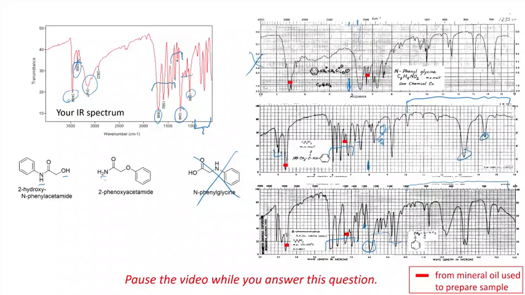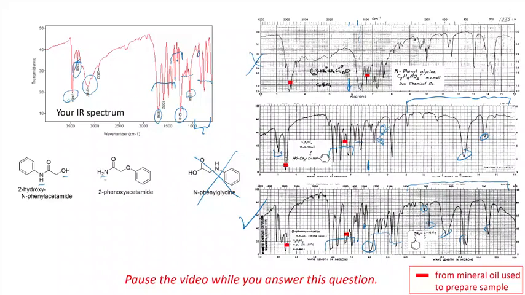In the bottom, we have something like 1, 2, 3, 4. And in fact, that's pretty much what we see here. We even have this little one, which could be this right here. Okay, so the evidence suggests that in fact this third spectrum is the match.